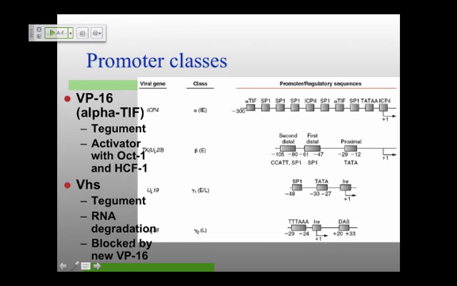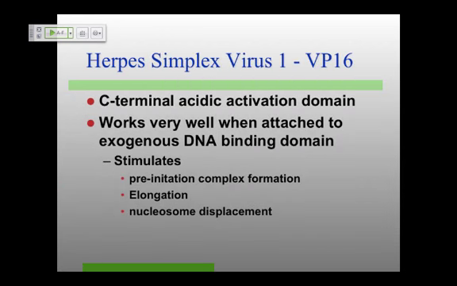So what is this VP16 protein? This is, in fact, the classic transcriptional enhancer protein. The VP16 protein, in effect, was one of the very first models that people used for studying transcriptional activation because it was this really, really good transcriptional activator.